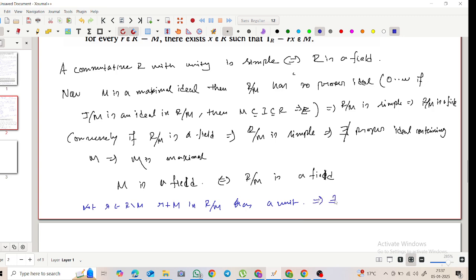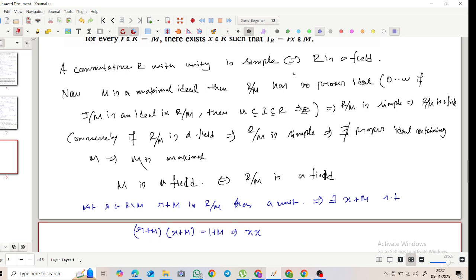It implies there exists x plus M such that (r plus M)(x plus M) is equal to 1 plus M, which is rx plus M equal to 1 plus M.